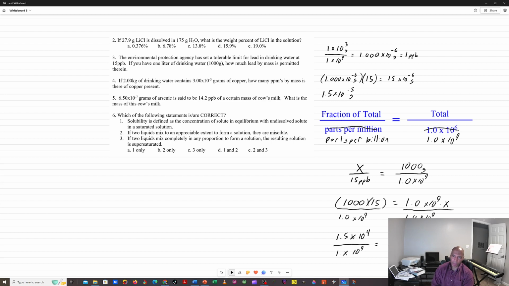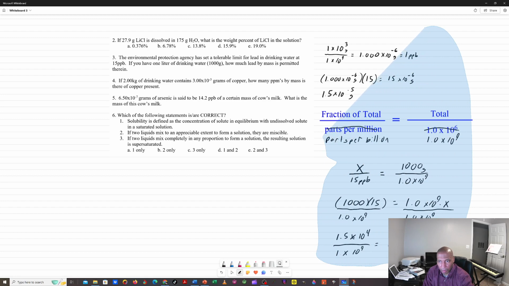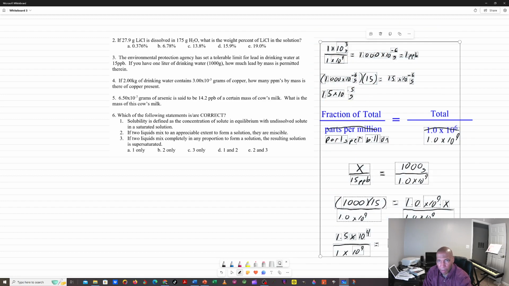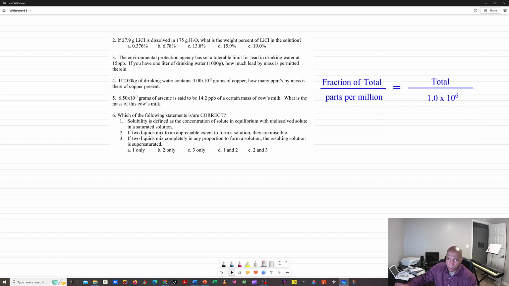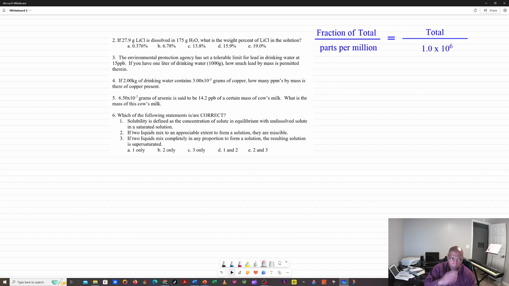Let me go ahead and erase this, and I will put this one up here. So I have, if 2,000 grams of drinking water contains 3.00 times 10 to the negative 3 grams of copper, how many parts per million by mass is there of copper present?